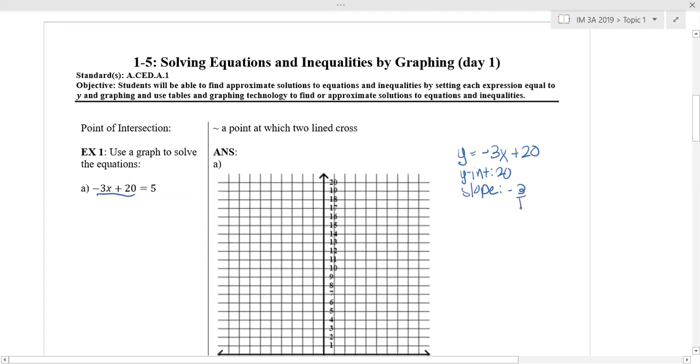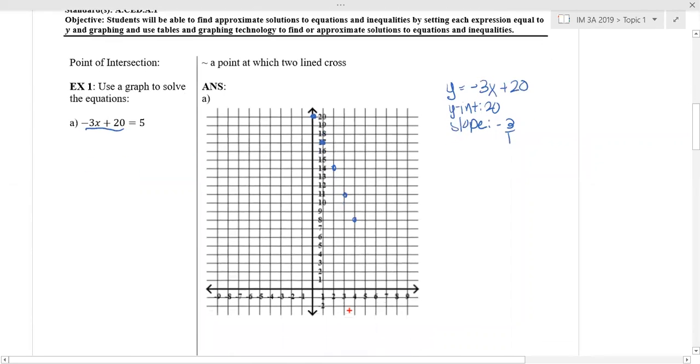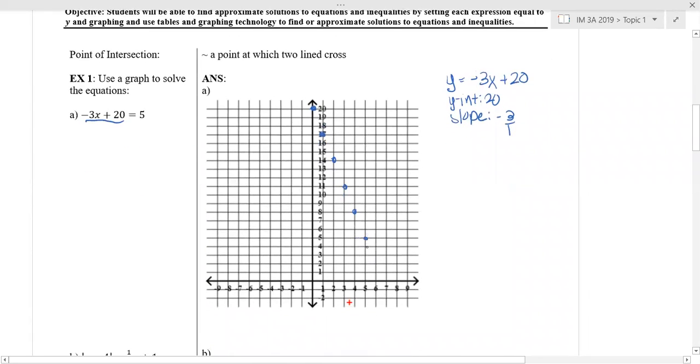So we're going to plot a point at 20 and then go down 3 and to the right 1 to create a line with the slope. I'm going to graph that in as much of the coordinate plane as I can. And so that is our line.